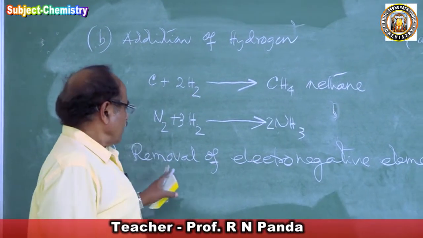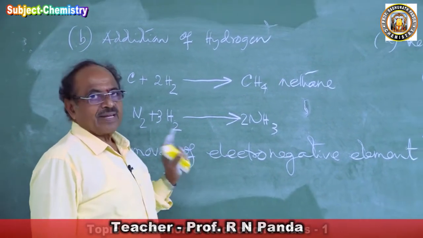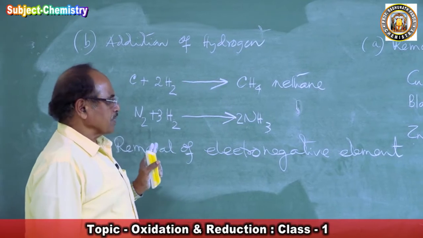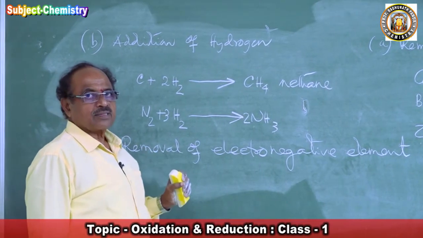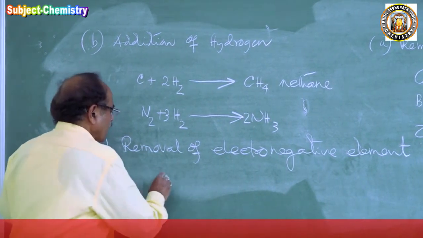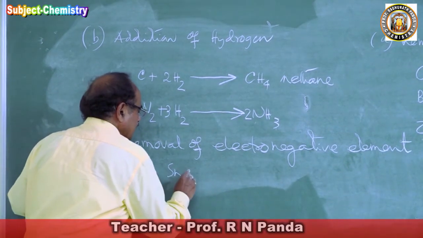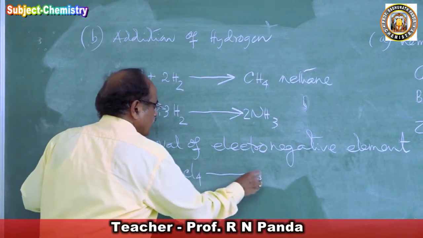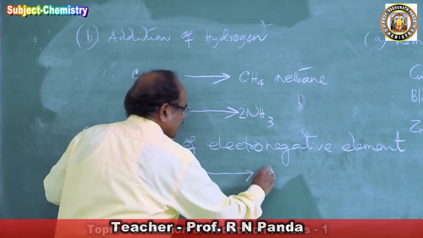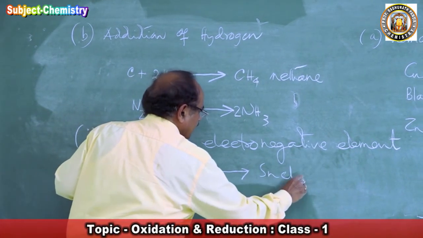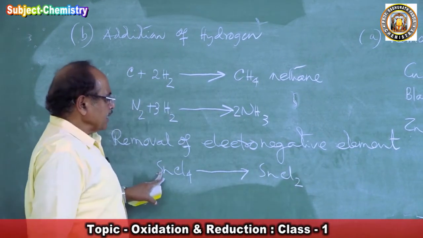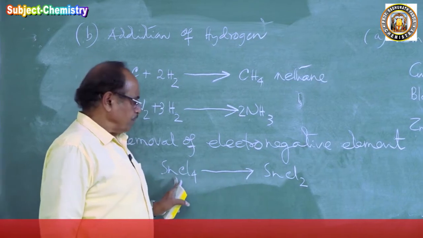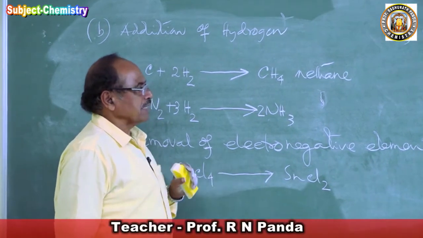So we have the removal of electronegative element from any substance. If we are going to remove electronegative element, for example, we have stannic chloride, SnCl4. We remove 2 chlorine atoms and this becomes stannous chloride. So tin is reduced from stannic chloride to stannous chloride.